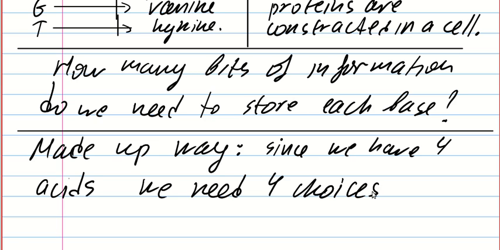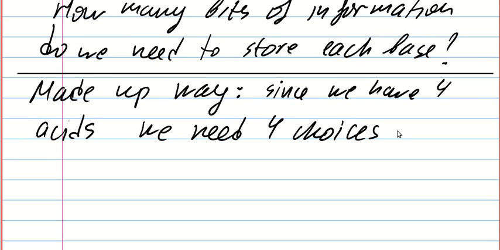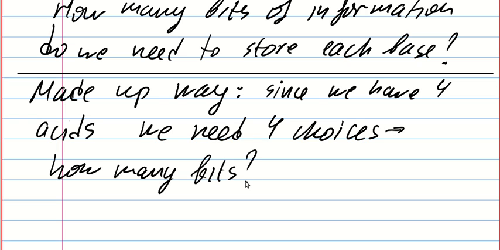And 4 choices, let's try to think about it. If we need 4 choices, but we have bits of information in the computer, how many bits do we need for 4 choices? If we have 1 bit, it has 2 choices. If we have another bit, it has 2 choices.